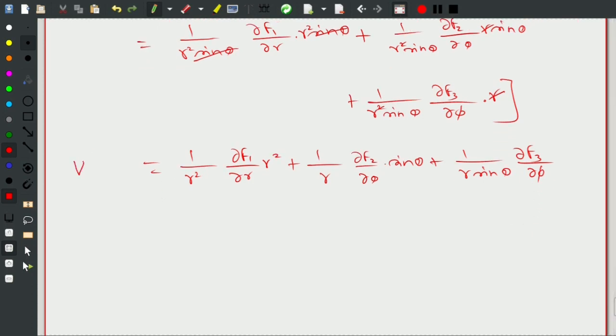So this is the expression for the divergence of f vector in spherical polar coordinates, and we derived it using our generalized curvilinear coordinate system.